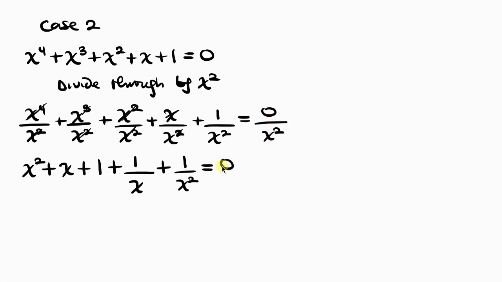Now my next step will be for me to bring out the terms with x squared together and also bring out the terms with x together and then the constant term.